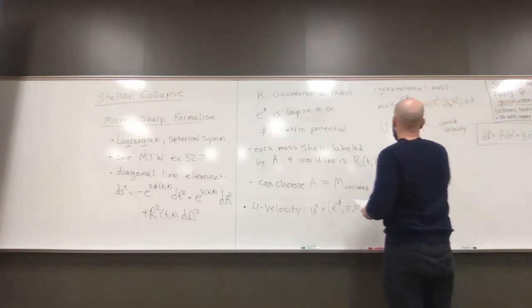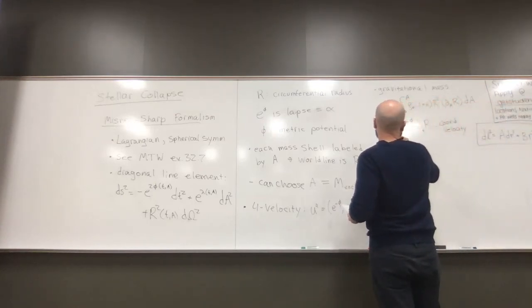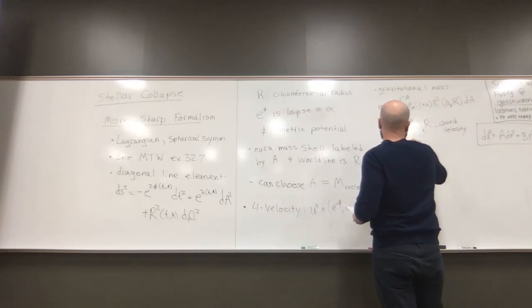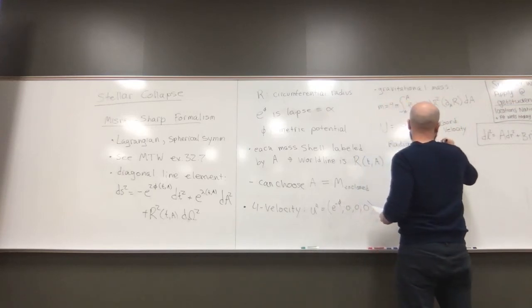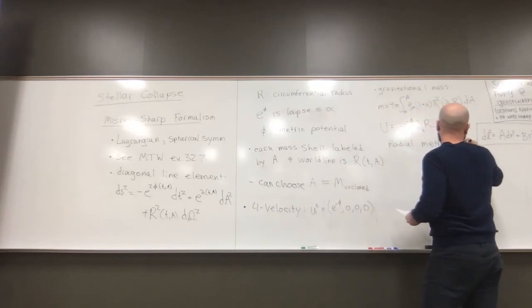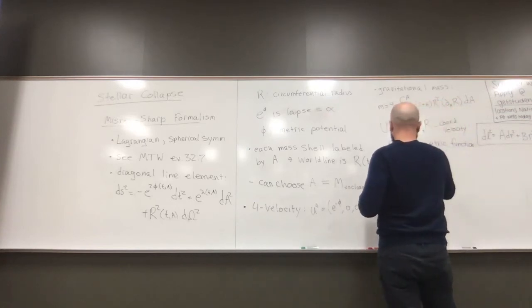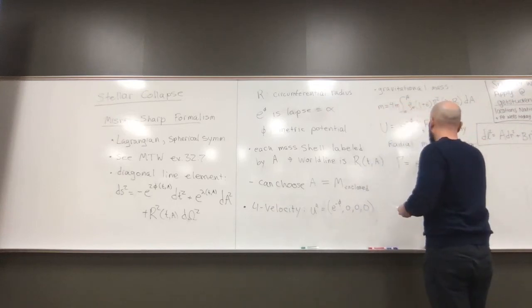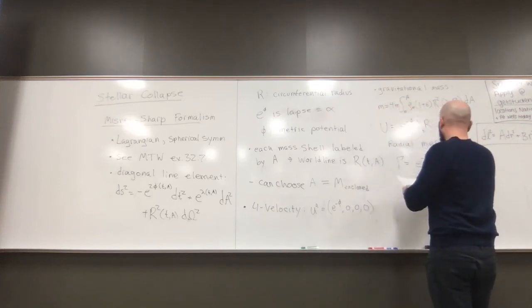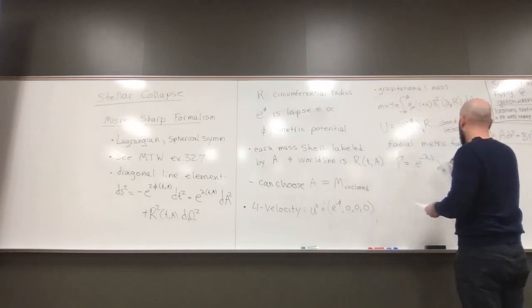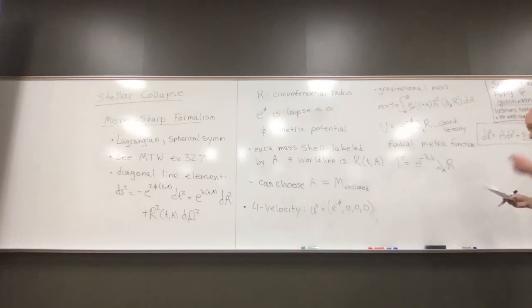And then the radial metric function, we'll call it, is the following. I'm going to call that gamma, and it's going to be equal to e to the minus lambda over 2 times the partial derivative with respect to a of r. So that's my radial metric function.